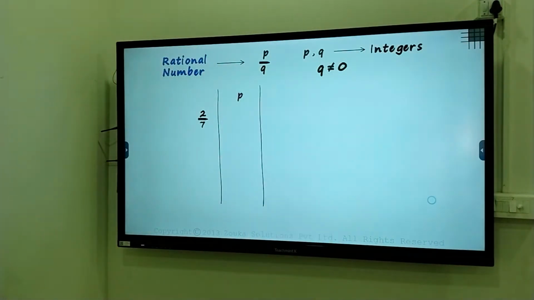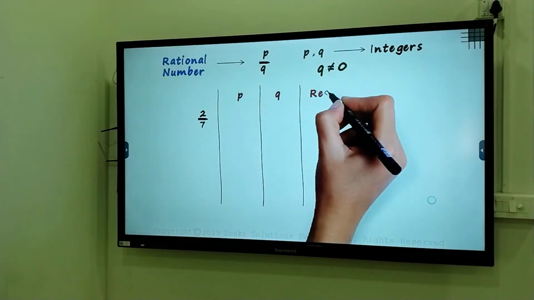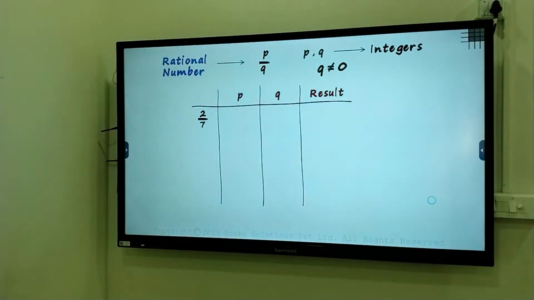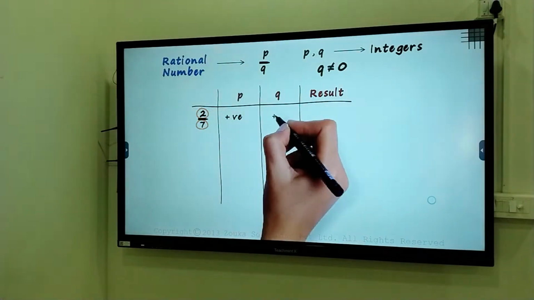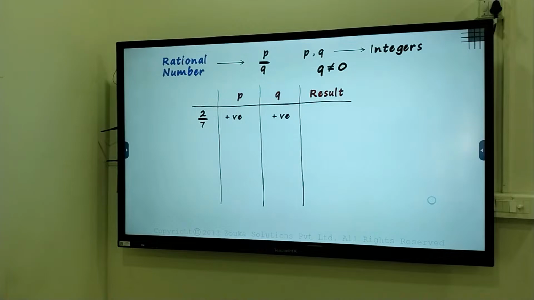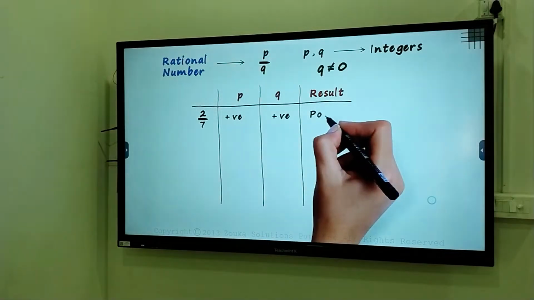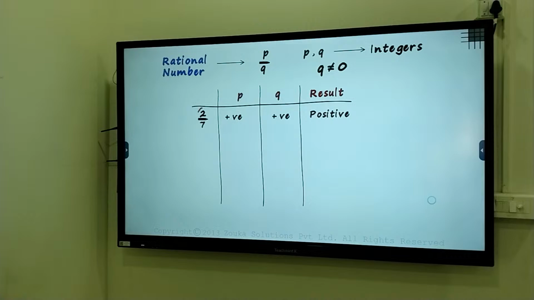Let's make three columns of p, q, and the result. We will think of different combinations of the signs of the numerator and the denominator and then see the sign of the final result. In this case, the numerator as well as the denominator is positive. So we can say this rational number is positive. We say that 2 by 7 is a positive rational number.